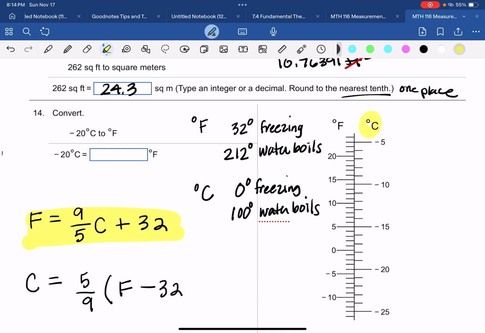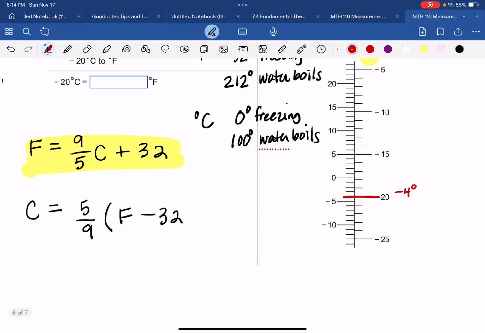So look, here's minus 20 on the Celsius side. So you can see it looks like it's about -4 degrees, but let's confirm that with our formula. They're having you do it by looking at a thermometer.